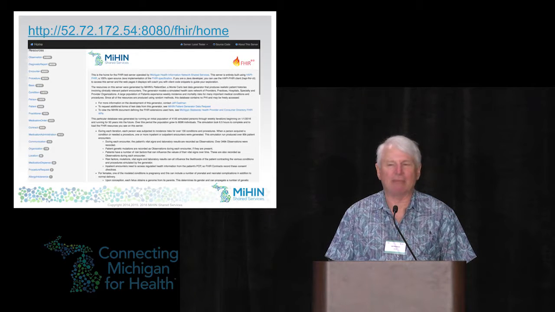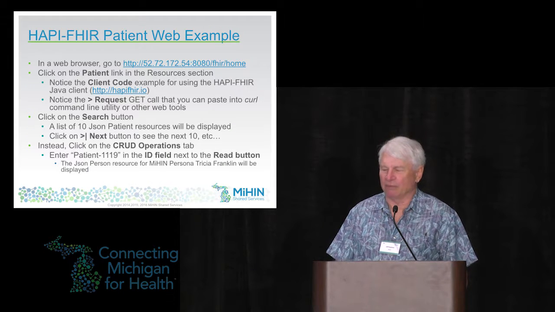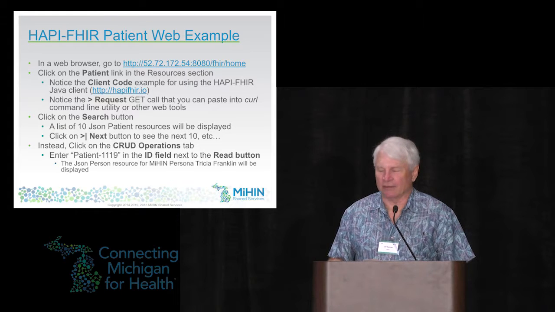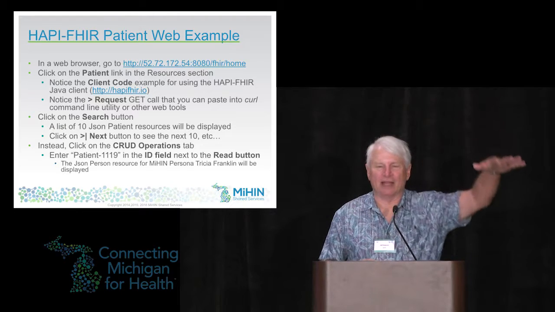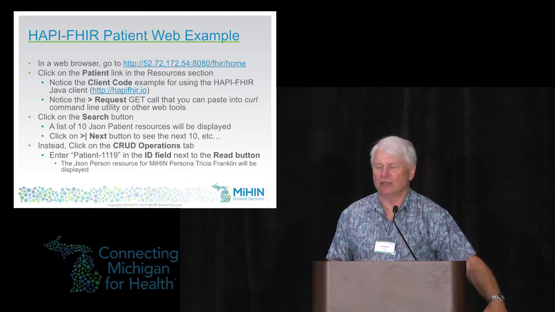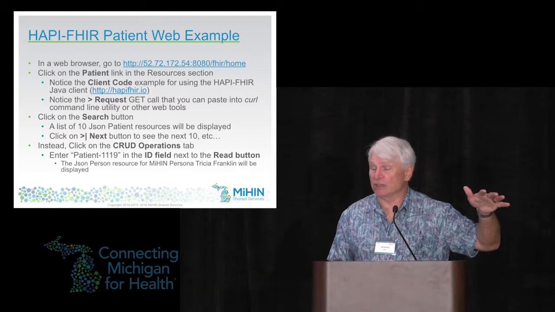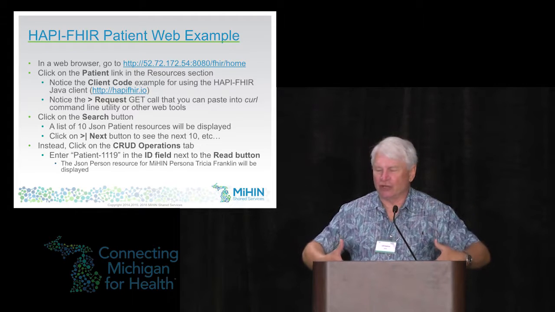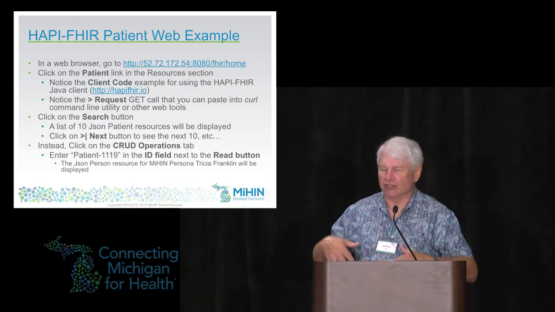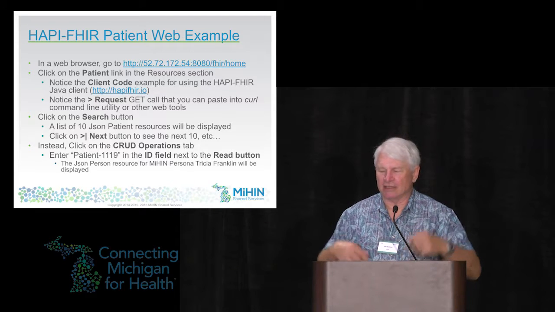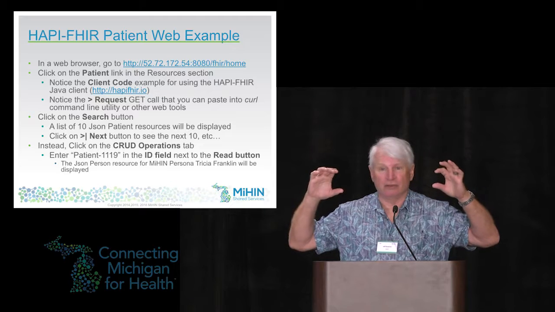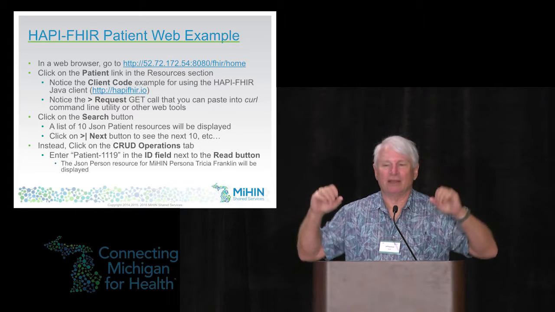I wish I actually had my laptop plugged into this so that I could do these for you. But for example, you can go to the website, and it has down the left side a number of different resources. And you can click on any of those resources. But if you click on patient, then it's going to do a query for patients, and it's going to generate a page that has some client code that you could use to actually do that very query, the get that it did.